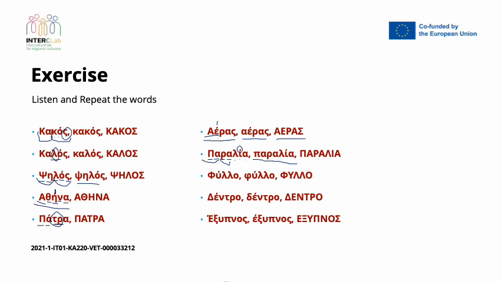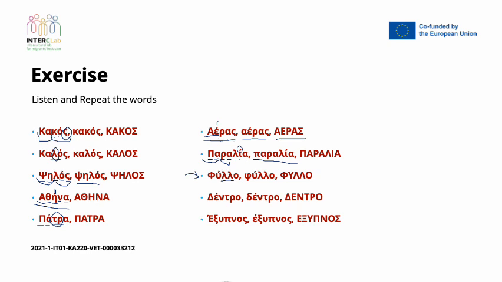Paralia. Then let's move on to this word, which has another unique thing about it, where it has 2 consonants of the same type next to each other. Now, this word means leaf, or a piece of paper. We use the same word in English to describe both of those things.